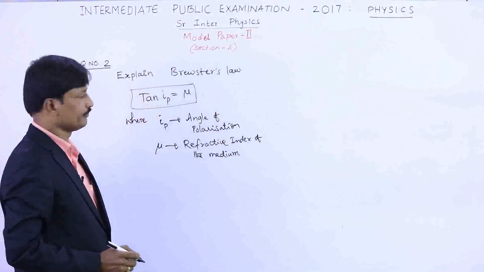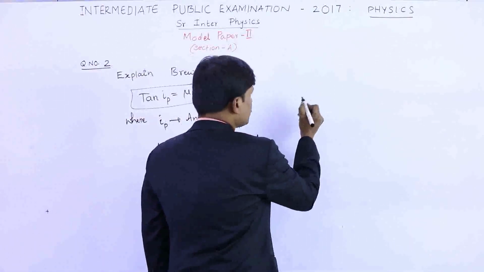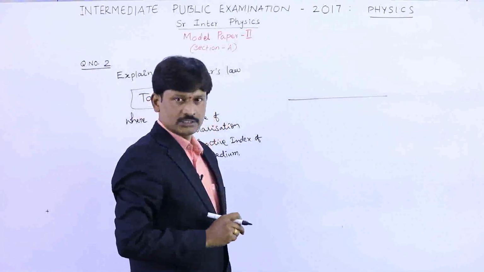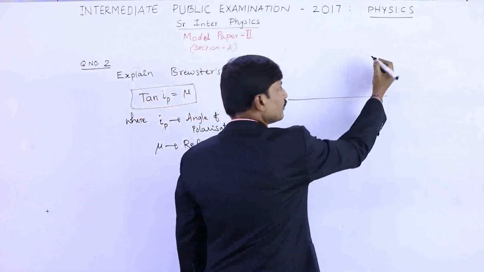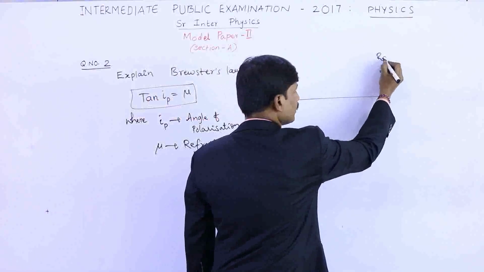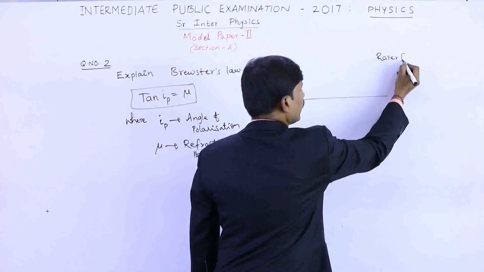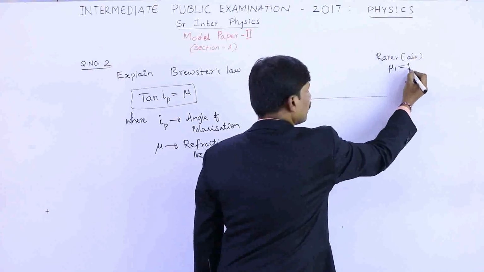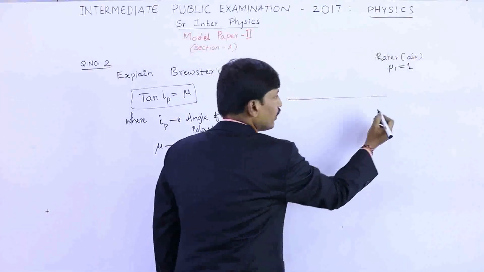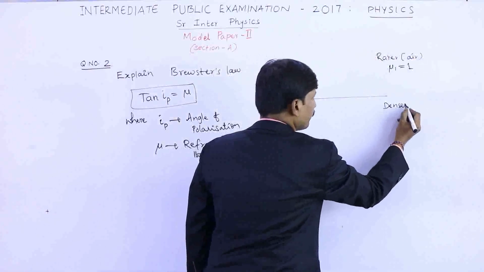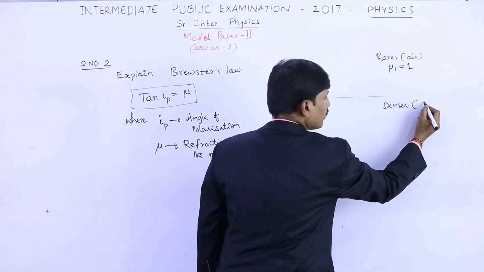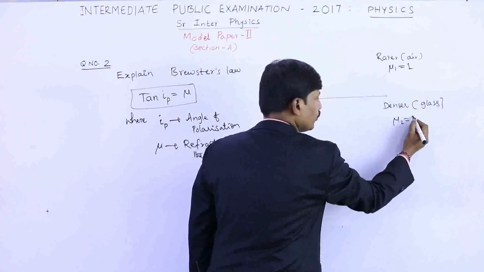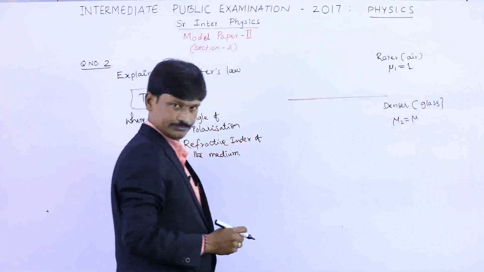Now let me explain. Let us consider this to be an interface, which divides two different media. Suppose I am considering a rarer medium, for example air, whose refractive index mu1 is equal to 1, and a denser medium, for example glass, whose refractive index mu2 is equal to mu.